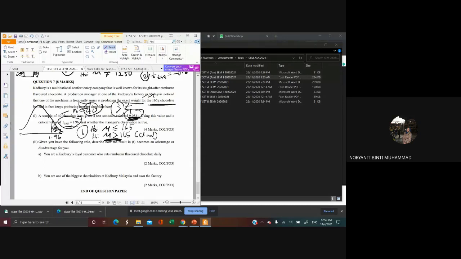Is it more than 1.96? This value is more, so it is on the dark side. So when it is on the dark side, we must reject H0. Reject H0 when Z test is greater than Z table, because this case is greater than.